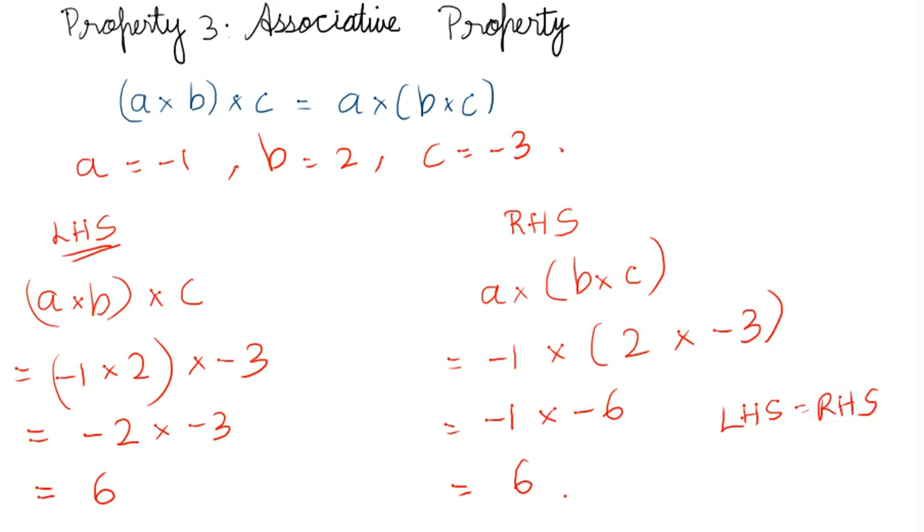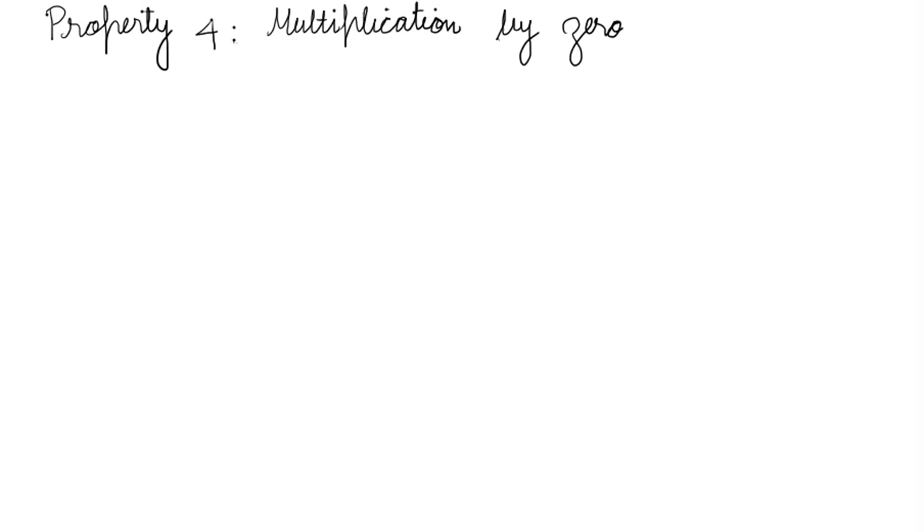Now let's move on to the next property, that is multiplication by 0. For any integer a, if you multiply it by 0, or if 0 is multiplied by any integer, then the product you get is always 0.